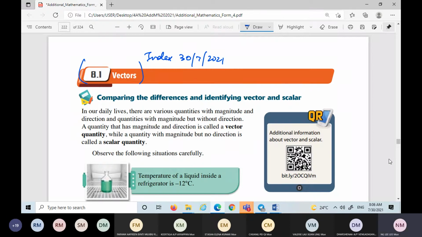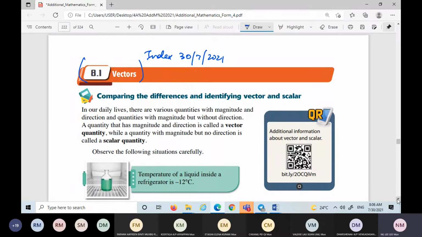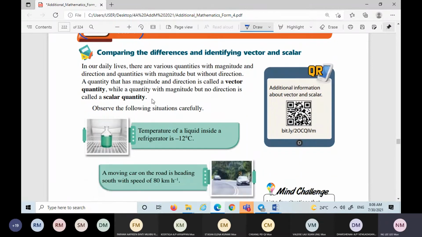We will start with what is a vector and what is a scalar. It's very simple. A vector quantity is a quantity that has a magnitude and direction, and a scalar quantity is a quantity with magnitude but no direction. This one I think you have learned in your physics.